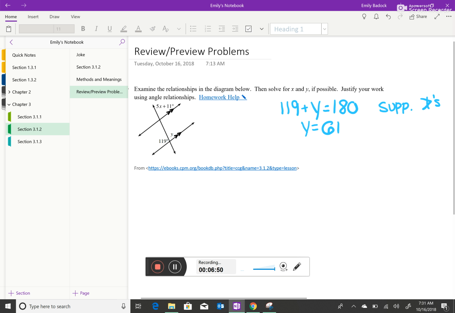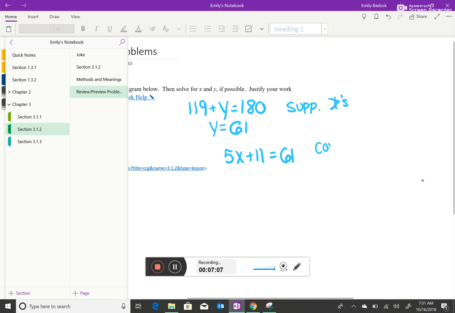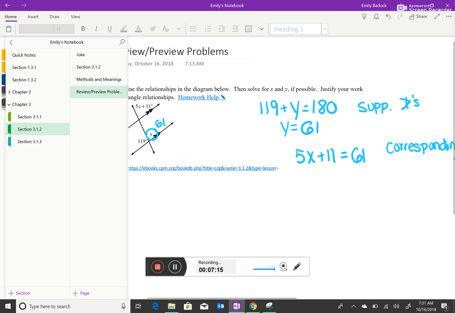Then I know that I can set 5x plus 11 equal to 61. And you should be saying that because corresponding angles. So corresponding angles for that guy.